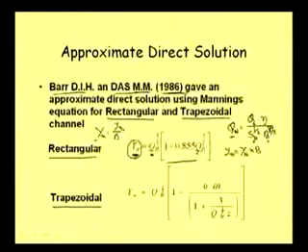Concentrate on this slide: yn non-dimensional depth is equal to qn to the power 3 by 5, which remains the same, multiplied by 1 minus 0.69 divided by 1 plus 3 by qn to the power 0.35, multiplied by z. So this equation is used for a trapezoidal channel, and the other procedure is the same.